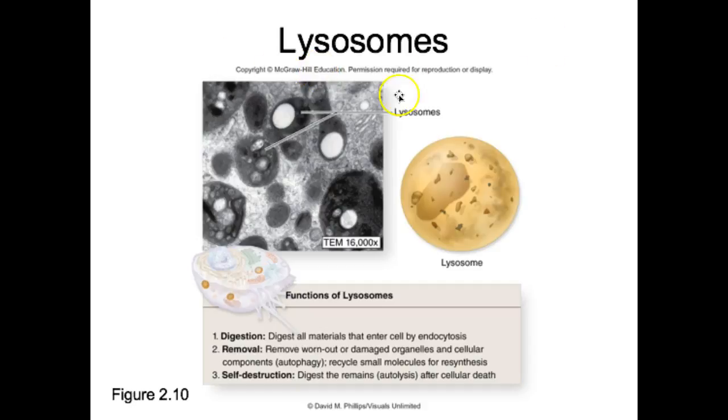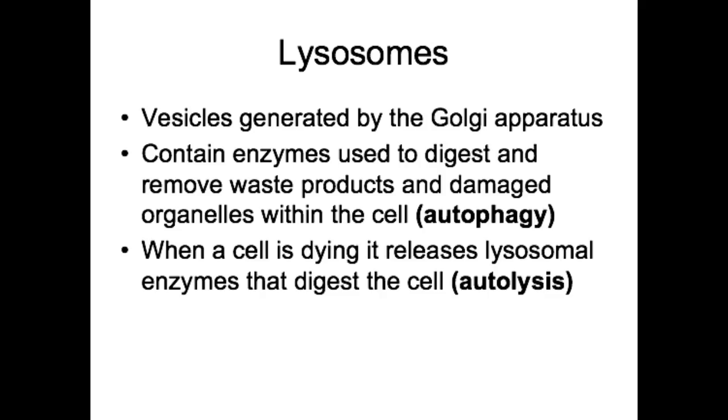So this is going to be a sphere, a some, that contains digestive materials that are there to specifically digest material that enters via endocytosis, or remove worn out or damaged organelles, or be part of self-destruct sequences, something called apoptosis that you're going to hear quite a bit about later on.